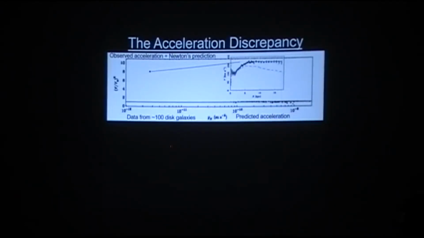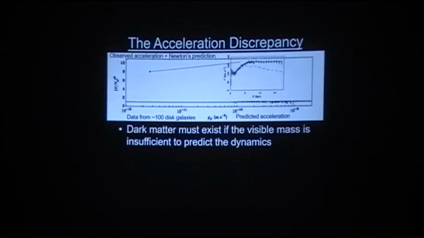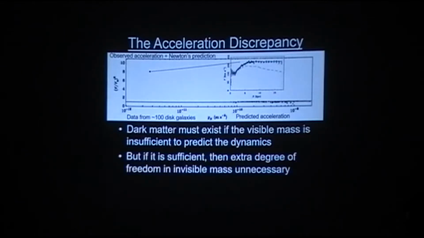So if you can't predict the dynamics, the acceleration from the visible mass, if there's just no proper correlation, then that means that there has to be something else, dark matter, right? Assuming the laws of physics stay the same. On the other hand, if you could predict the dynamics from the visible mass, then you don't really need invisible mass, right? You could just use what you see.